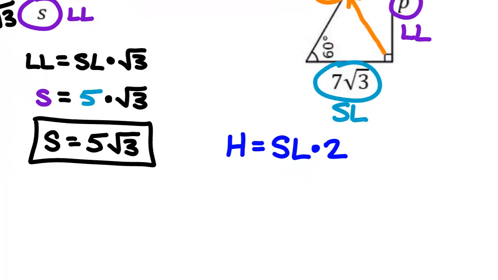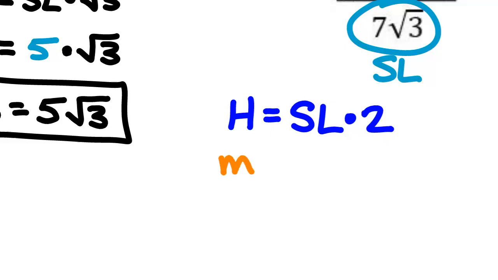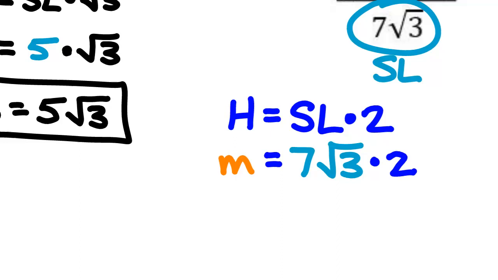They called the hypotenuse M, so I'm going to put that in the place of the H, is equal to what? 7 square root of 3 times 2. What's happening between the 7 and the square root of 3? Multiplication.